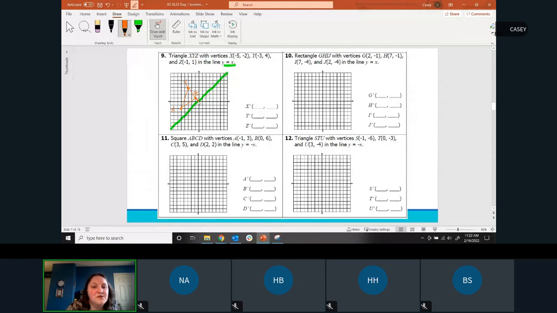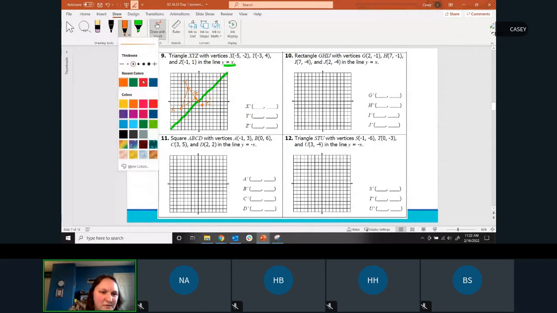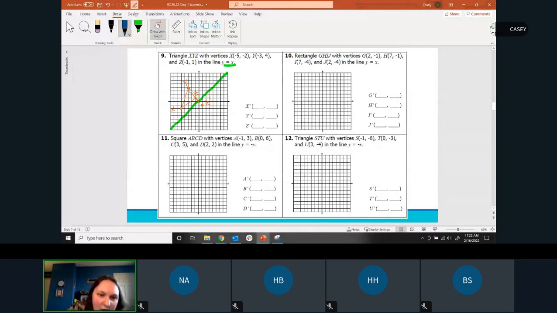Okay, so do you see how z is like 1 block away from the green line, just on the diagonal? That means that z prime is going to be 1 block away on the diagonal. So z prime will go here. Y, I'm going to use a different color so we don't get too confused. Blue. Y is 1, 2, 3.5 blocks from the diagonal.